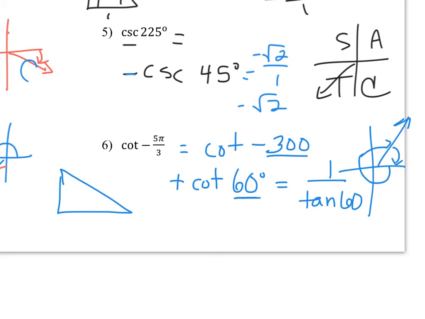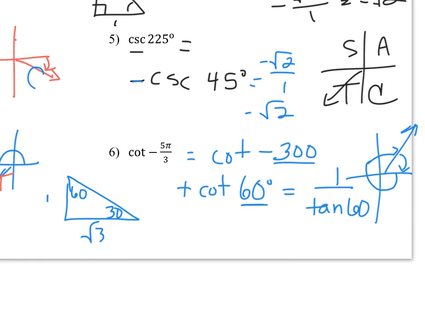So if I make this 30, this 60, remember it's 1, radical 3, 2, and so the cotangent of 60, remember, this is your 60, so cotangent is adjacent over opposite. So you should rationalize. So it's radical 3 over 3.